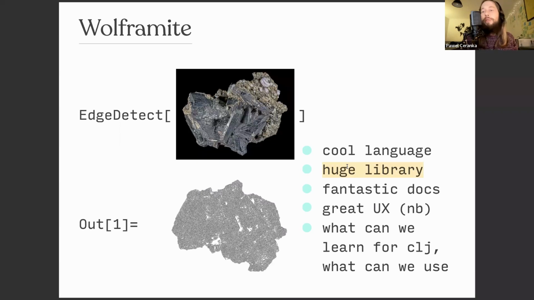That's loaded when you open your Mathematica notebook. There are almost 6,000 functions, and some of them are more like libraries than functions. There's amazing documentation with code examples that you can click on, copy and paste in Mathematica, run, and learn how it works.